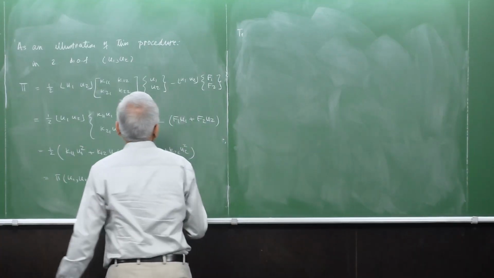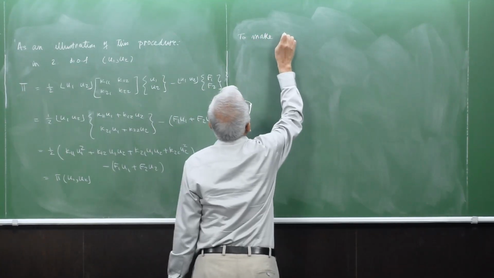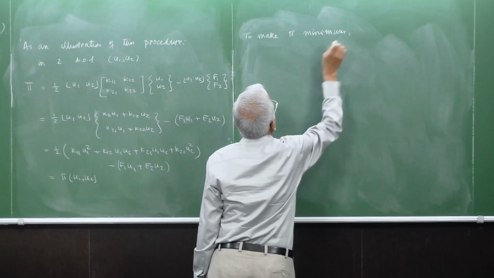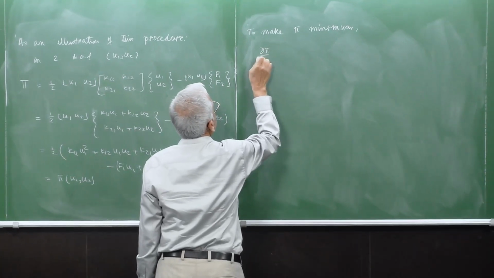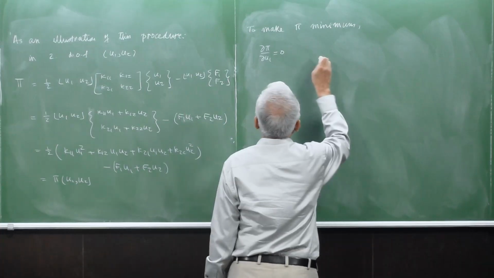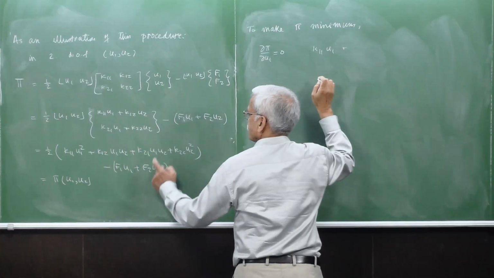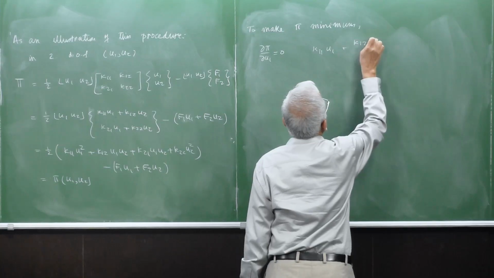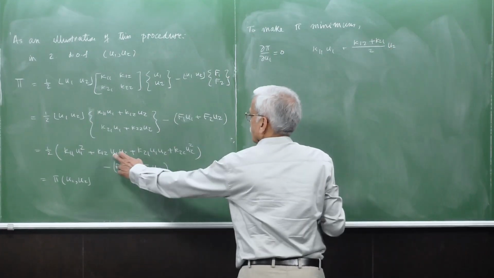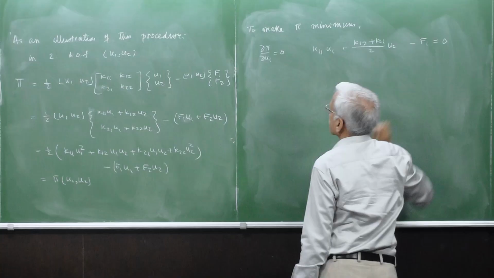Now we can differentiate this, as we want to make the potential energy minimum. The conditions are: Pi differentiated with U1 is 0, and it turns out, there's a 2 here, so it is K11 U1, and half of K12 U2 plus K21 U2, minus F1 equal to 0.